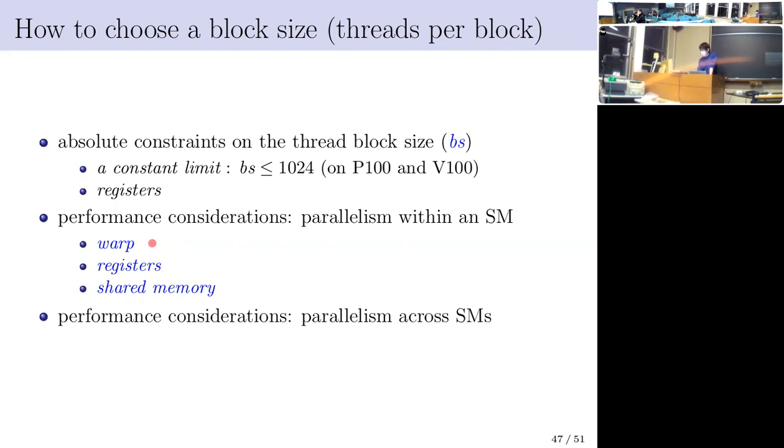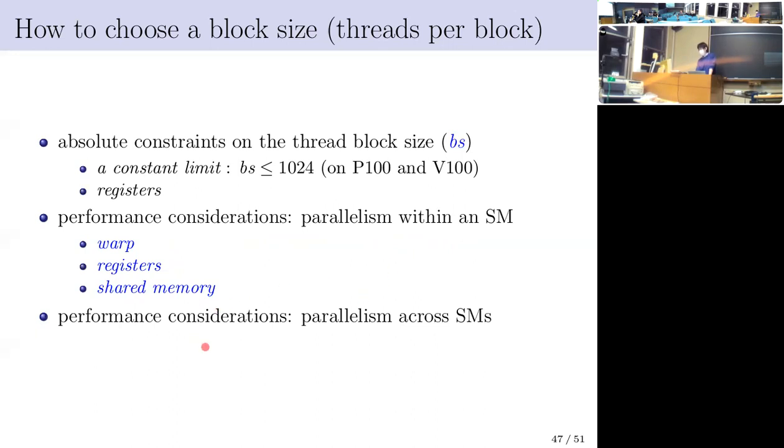So when we talk about performance considerations, actually there are 2 things. One is how you maximize the utilization of a single streaming multiprocessor by having enough parallelism within it.